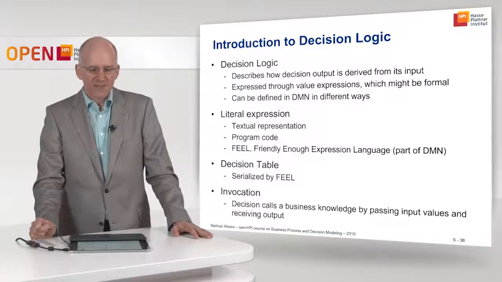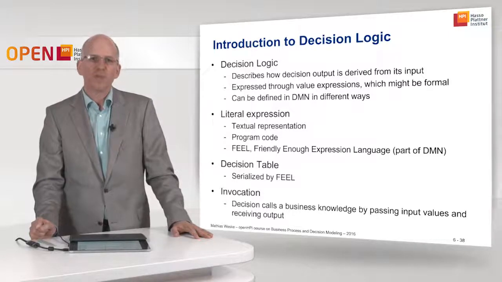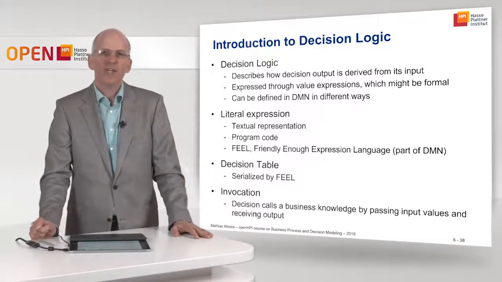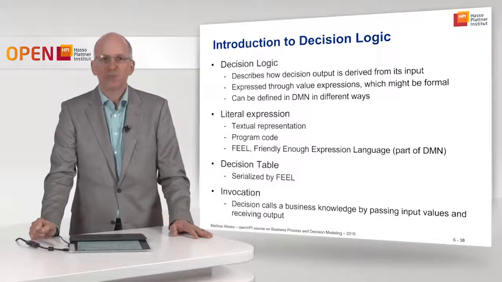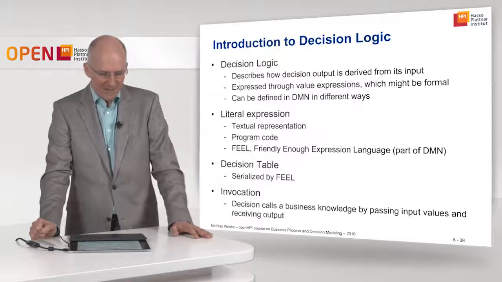It can be expressed through so-called value expressions, which might be formal, and as we will see shortly, which do not need to be formal. We can define decision logic in DMN in different ways. First of all, as a literal expression, so through text or through letters, I should say.